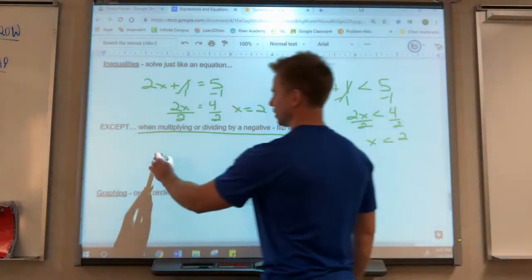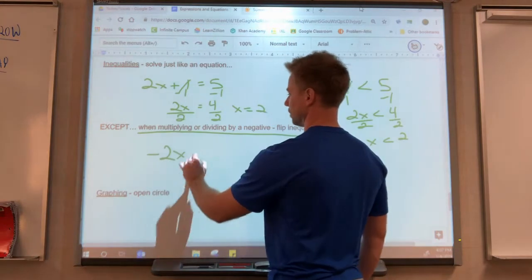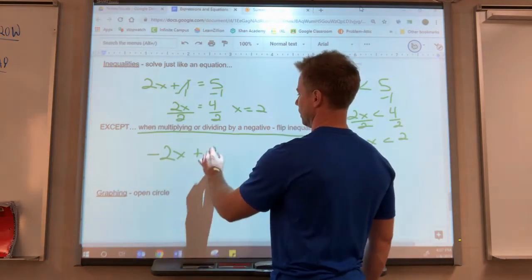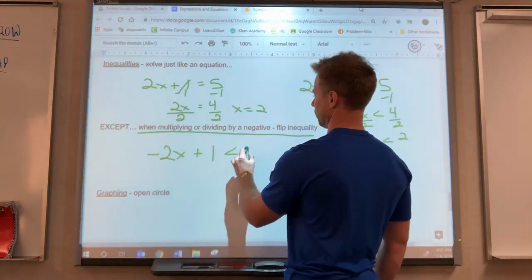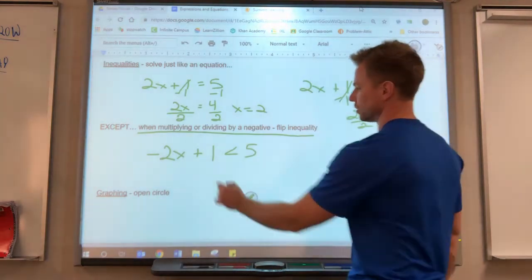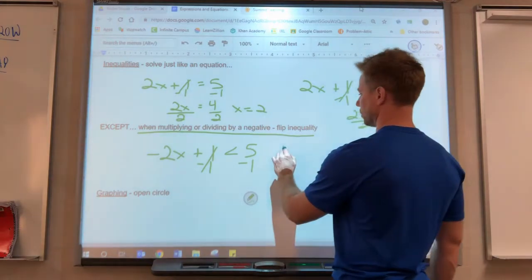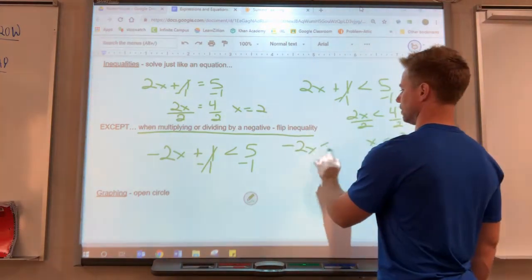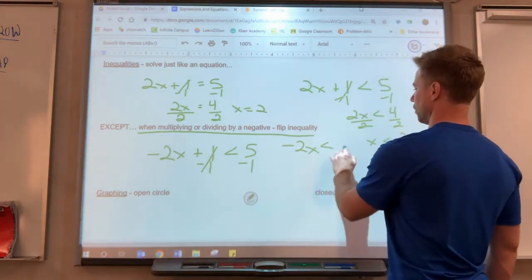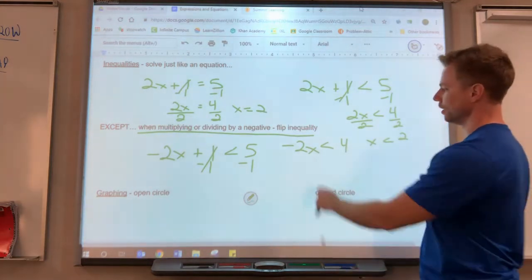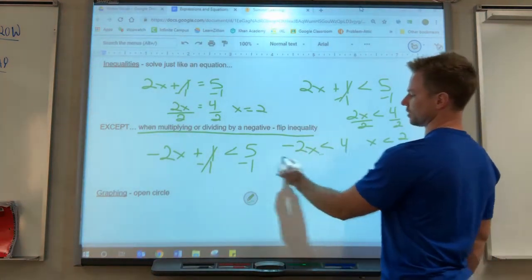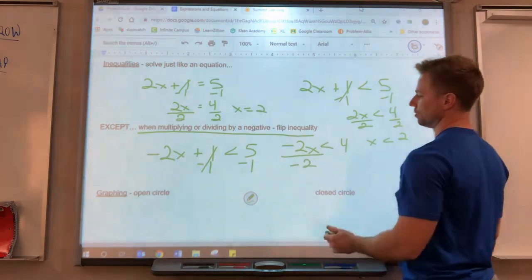So let's say it was a negative 2x plus 1 is less than 5. Okay, so we would still subtract 1, do that on both sides to give us negative 2x is less than 4. But now, when we divide to get x by itself, we're going to divide by negative 2.